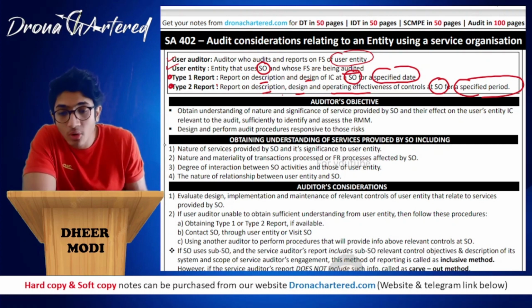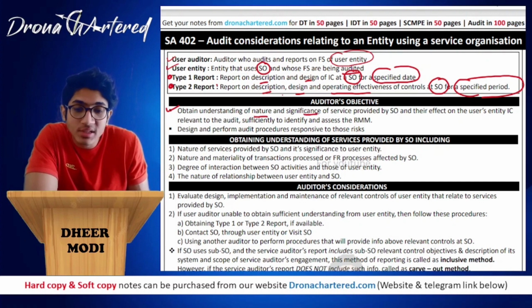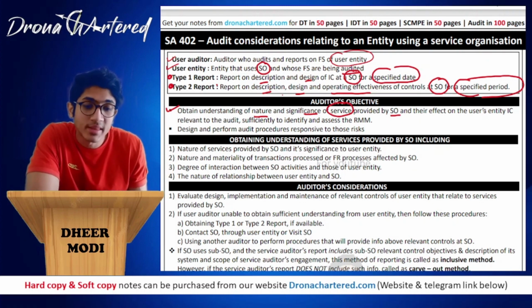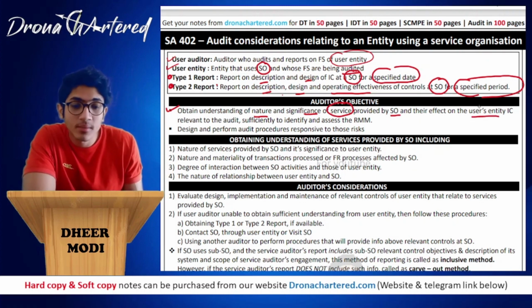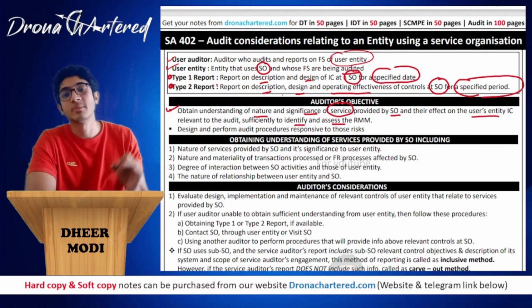Great. So now what are the auditor's objectives in this SA? The auditor's objective will be to obtain an understanding of the nature and significance of the services provided by SO, that is your service organization, and their effect on the user entity's internal control relevant to audit, sufficiently to identify and assess the risk of material misstatement.